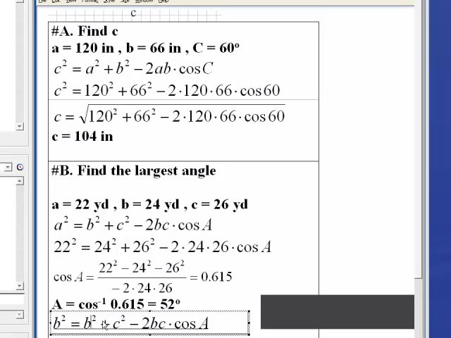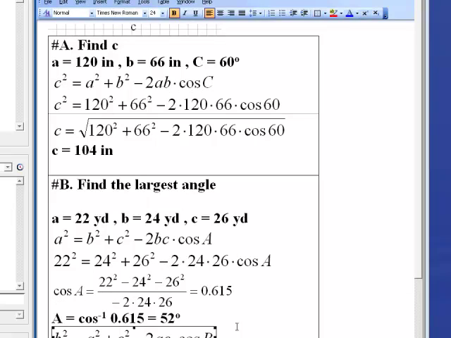So B squared equals A squared plus C squared minus 2AC times cosine B. Okay, plug in the numbers.